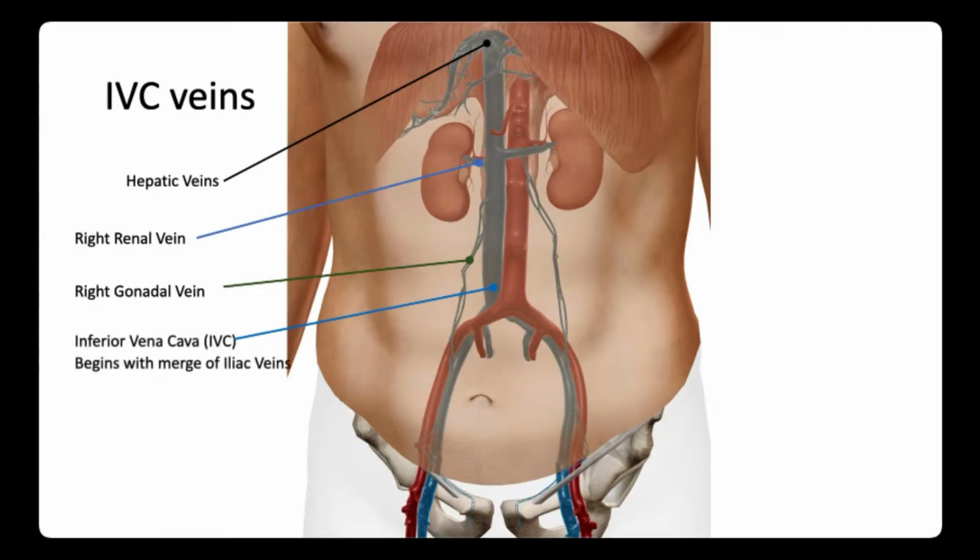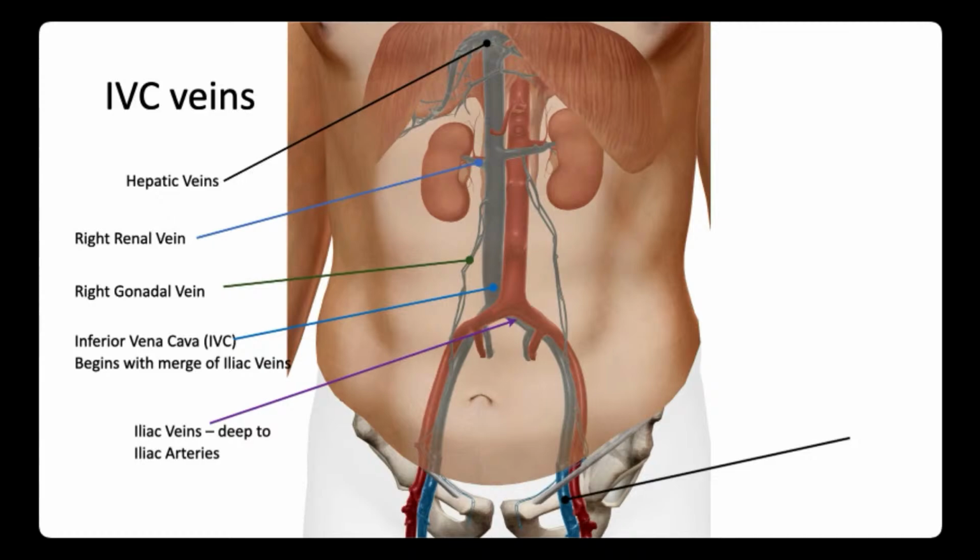Yes, this is the inferior vena cava, IVC. It begins where the right and left iliac veins emerge. How about here? That's right. Iliac veins, deep to the iliac arteries.